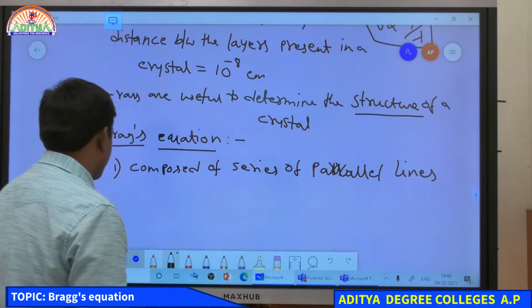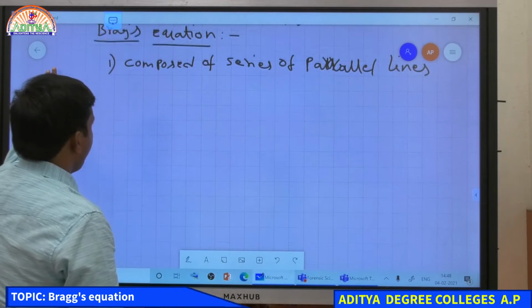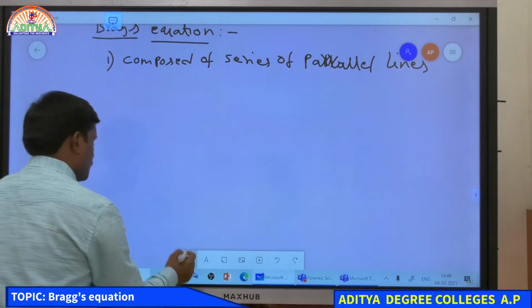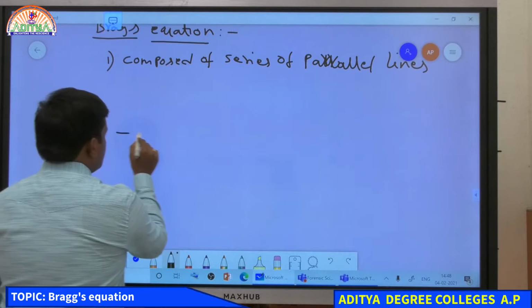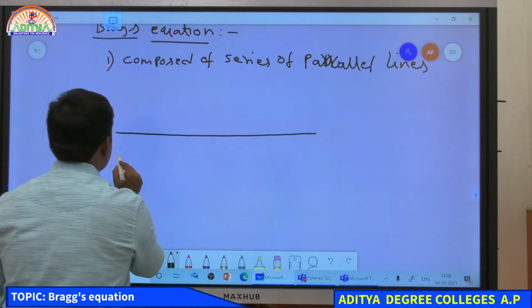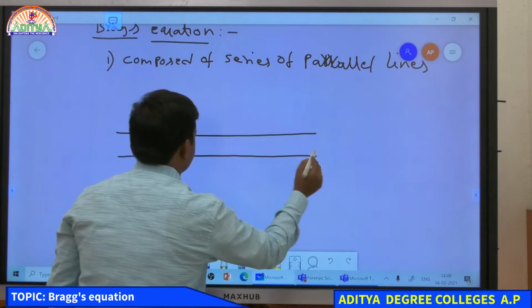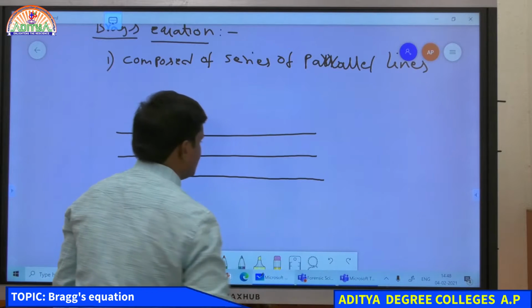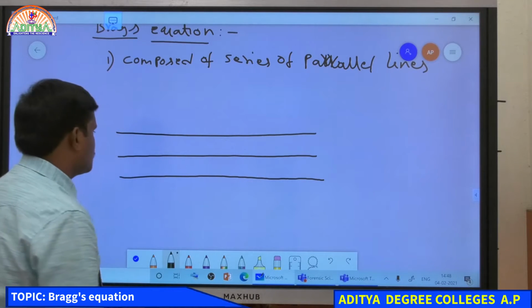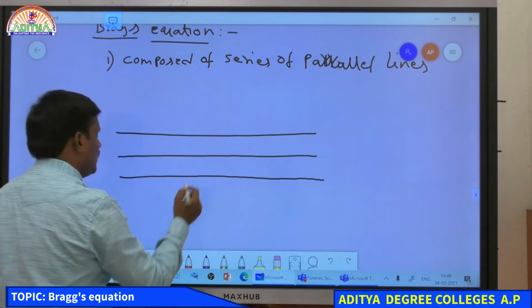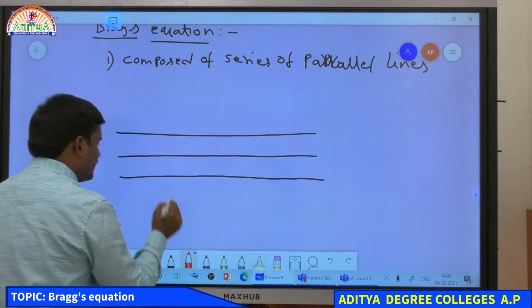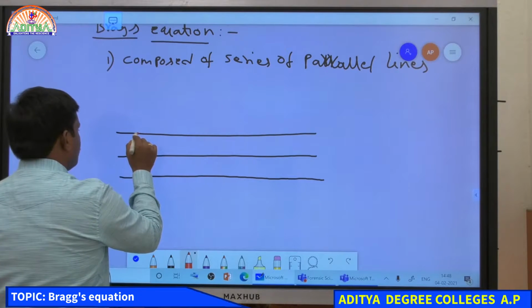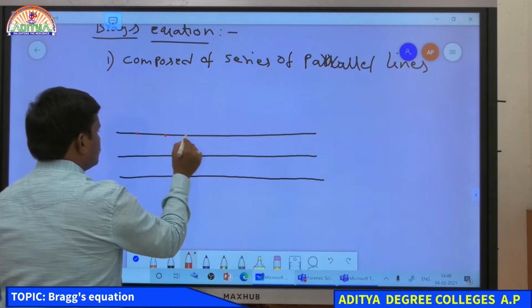So look at the diagram. These are the series of parallel lines present in a crystal. So this is the first line, second line, third line. Here the atoms: this is the first atom, second atom, third atom.